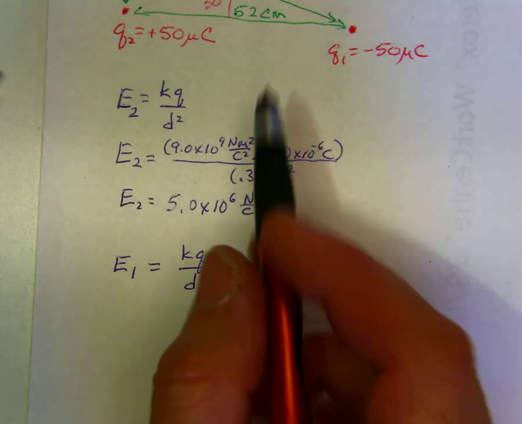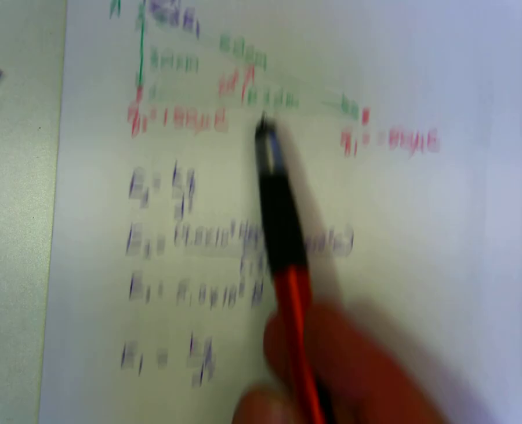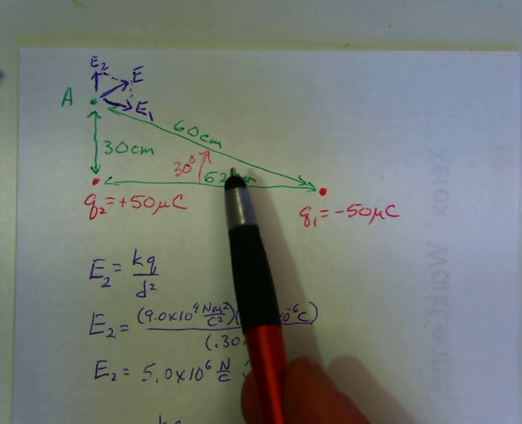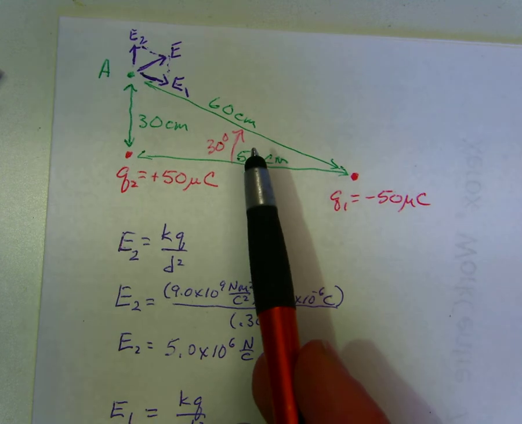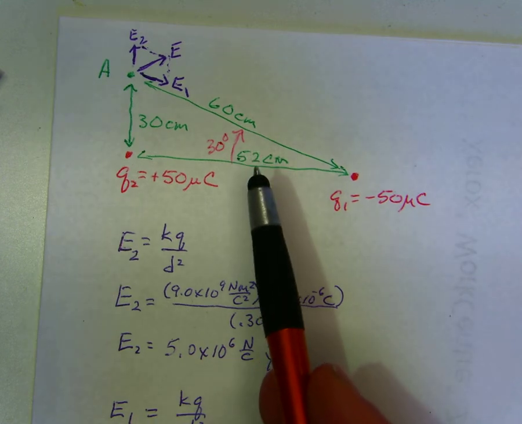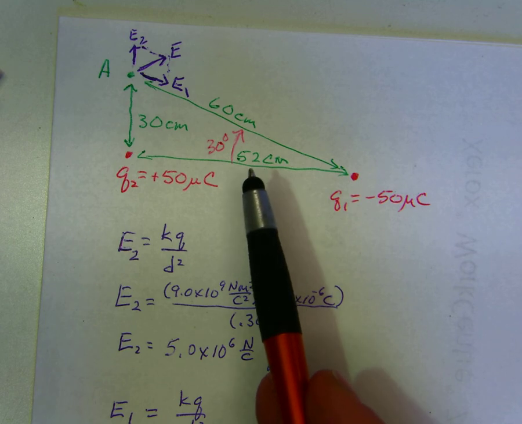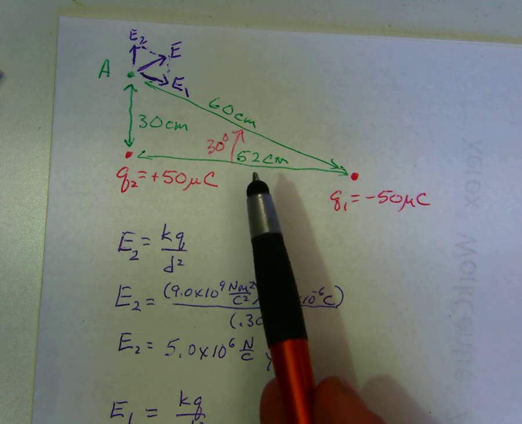All right. Now I need to do the same thing, but for Q1. So again, E1 equals KQ over d squared.